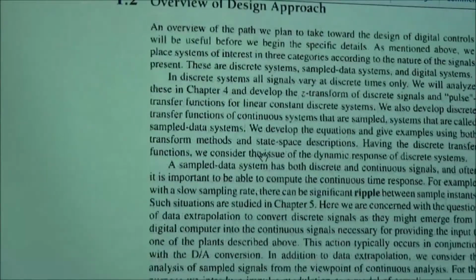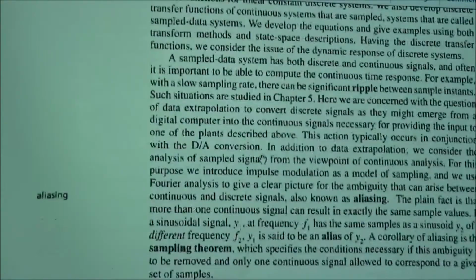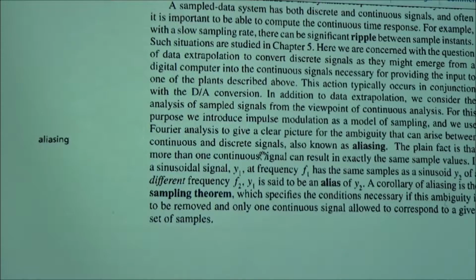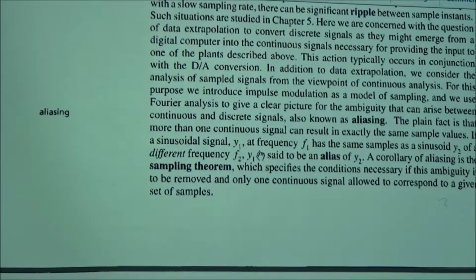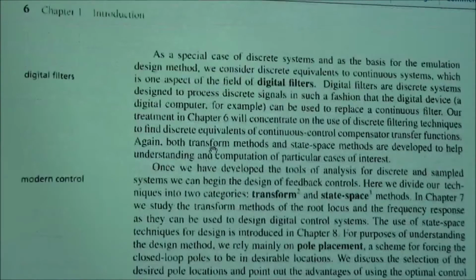So we will have a number of design criteria. We will in due course define the ripple effect, aliasing, and the sampling theorem. They're all going to be part of the course. And digital filters are discrete time systems.